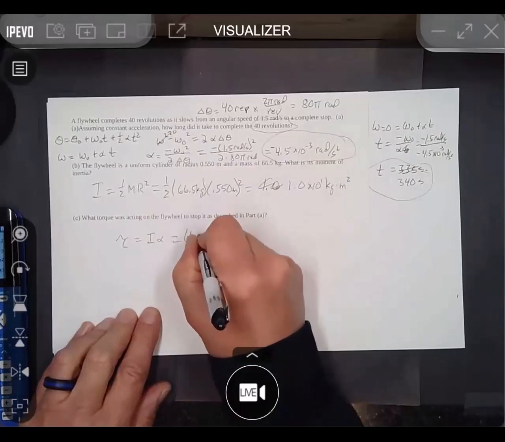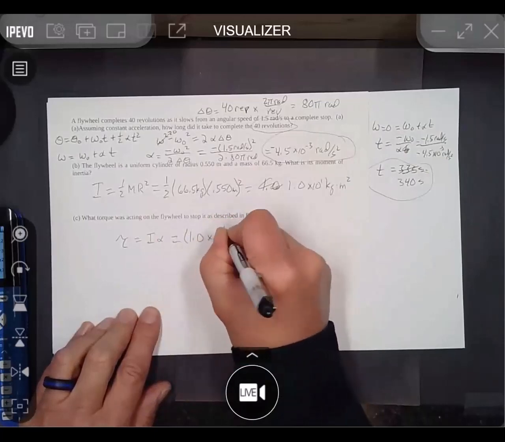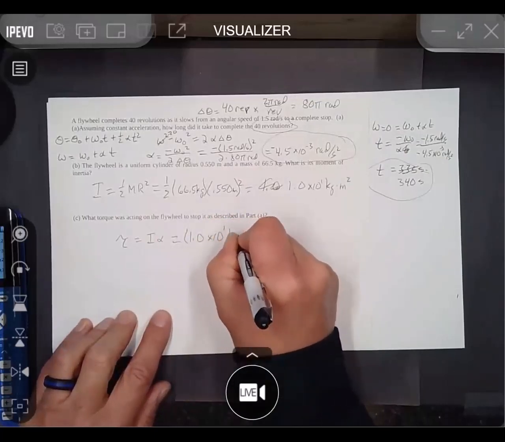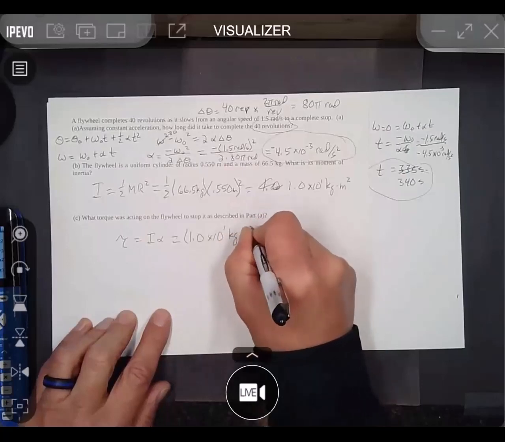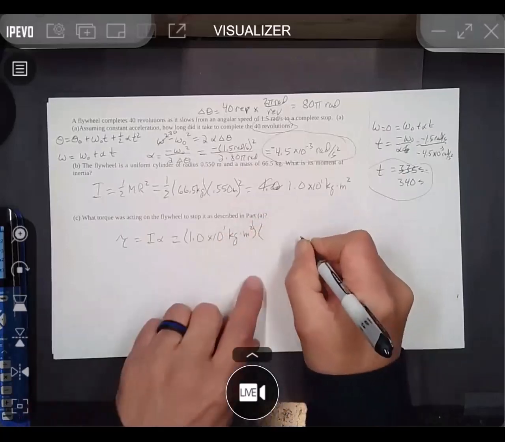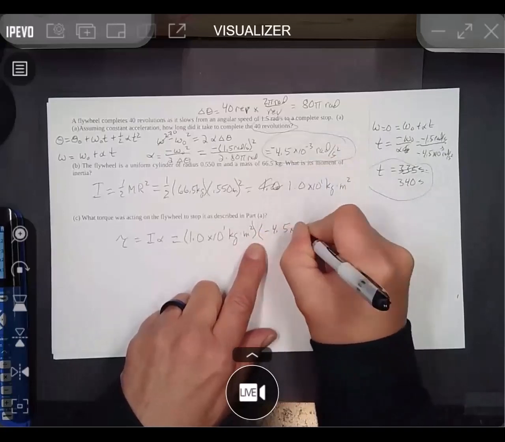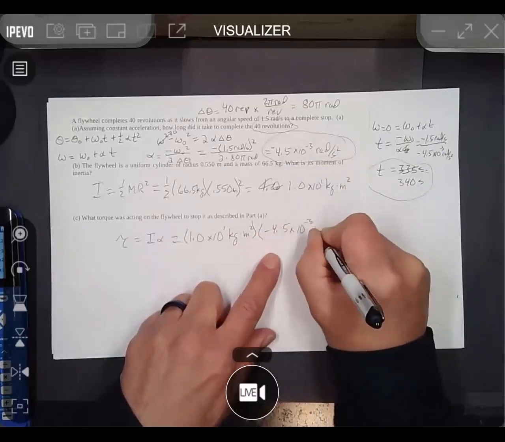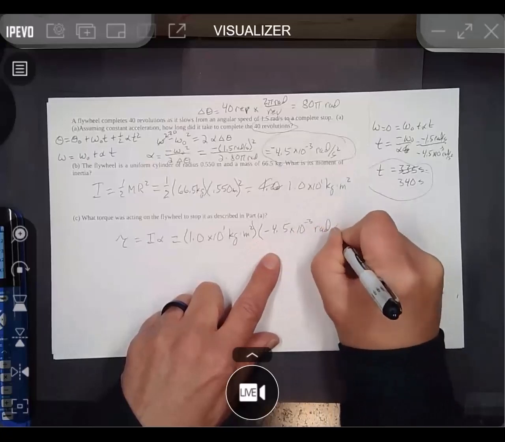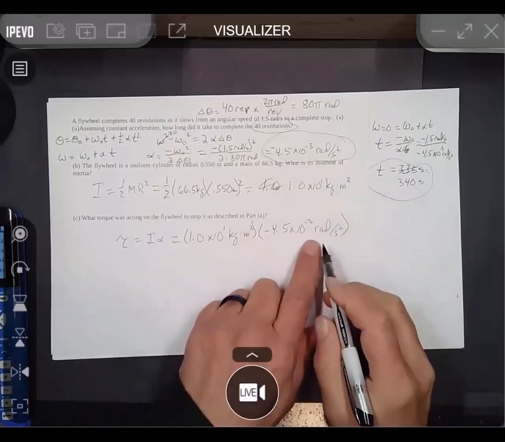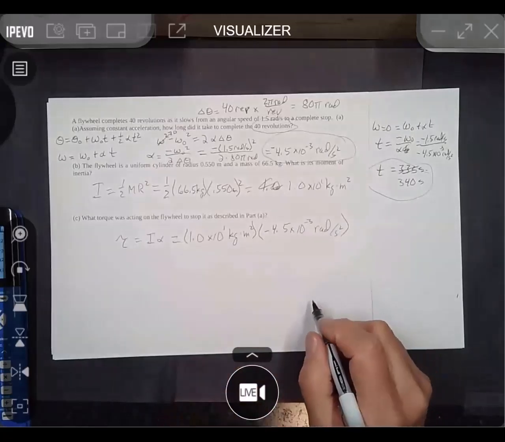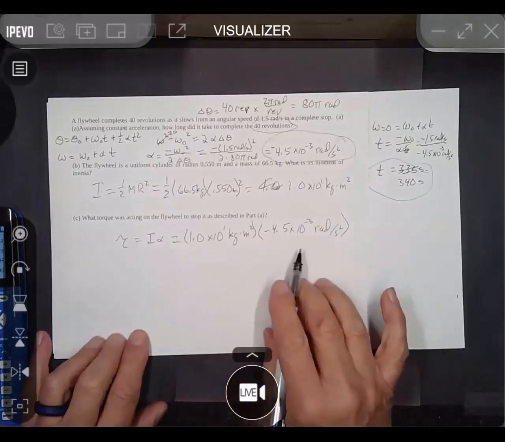So 1.0 times 10 to the first kilogram meter squared times minus 4.5 times 10 to the minus third radians per second squared. And remember, the radian is just a placeholder unit. This one's going to look a little bit weird.